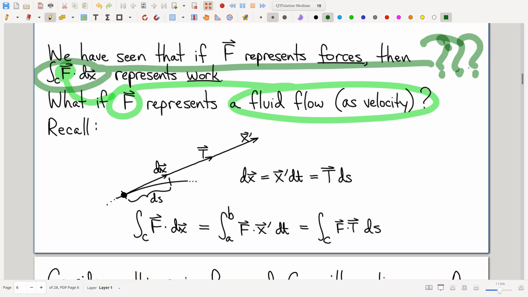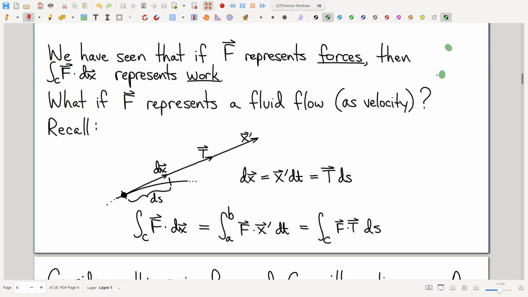So what is it? Right? Reasonable question. Now, the answer to this question, I'm sorry to say, is a little bit weird. We got a little bit lucky with this first argument. When we argued that this expression tells us work, it happened to be a lucky break that this represents a concept that we already had a name for. That was very convenient, right?